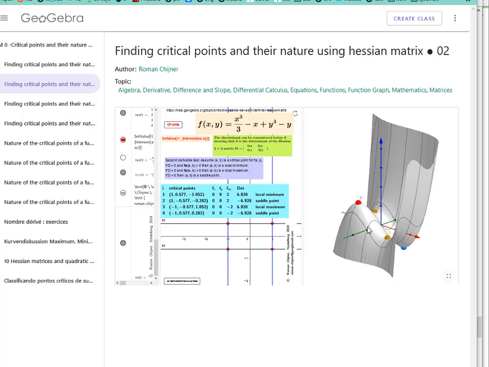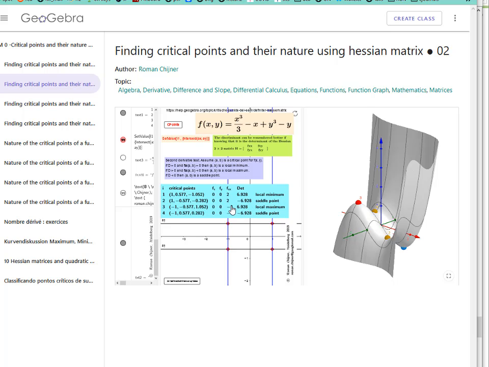Point 3, this one here, again satisfies first order conditions. Fxx is negative 2, so the top left is negative 2, and the whole determinant is positive 6.928, so it's negative definite.